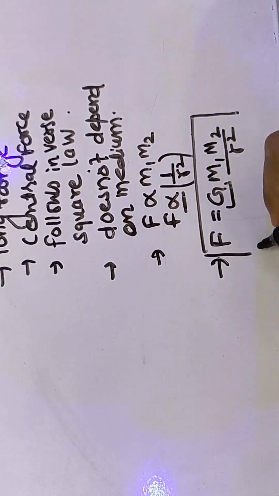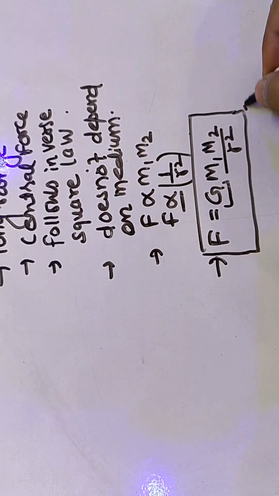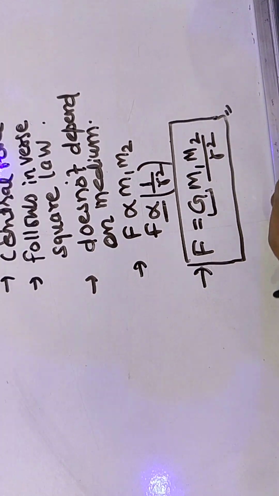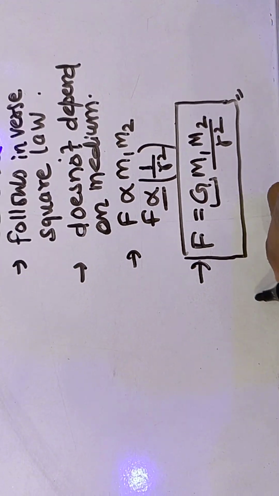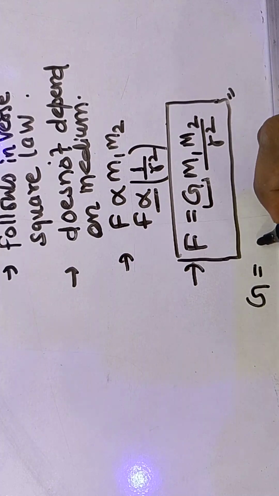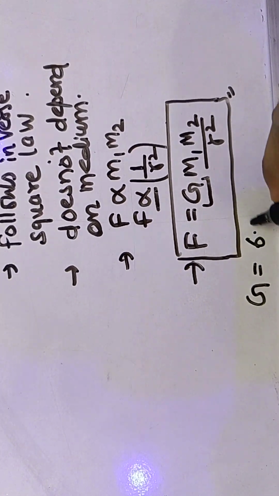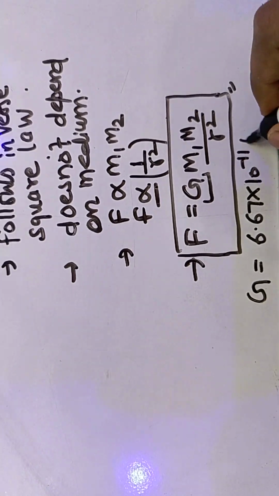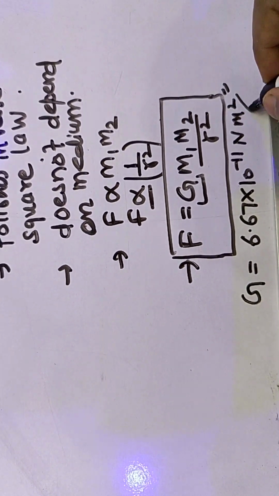This is the formula for gravitational force. Here the value of G, the gravitational constant, is 6.67 into 10 raised to power minus 11 Newton meter square per kg square.